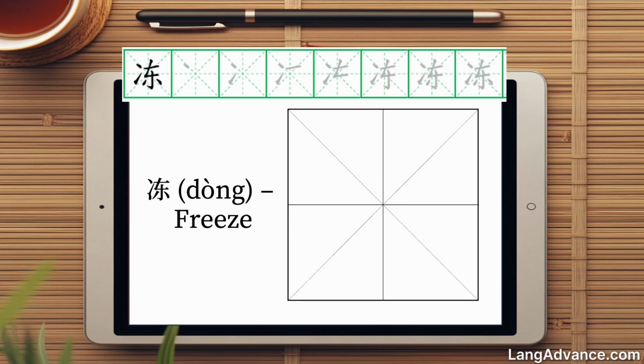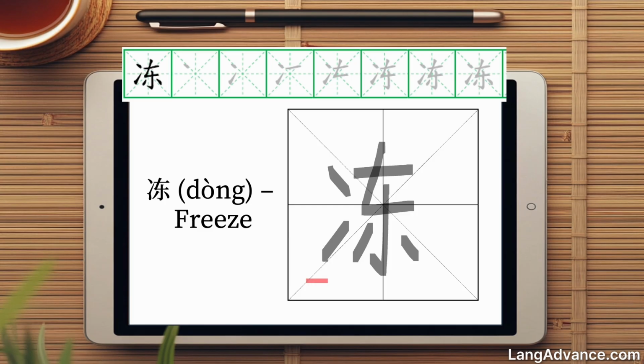Let's continue with 冻. That means it's frozen, it's freeze. Vertical, vertical, and the second part of the word.